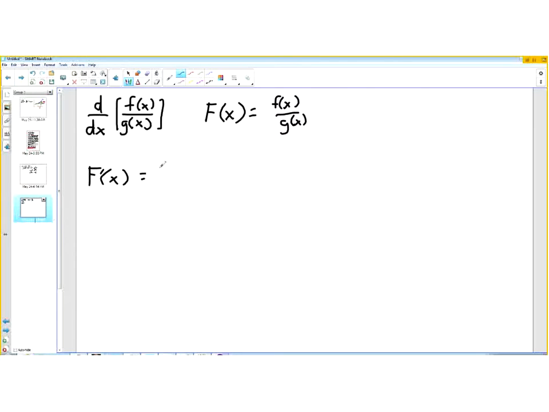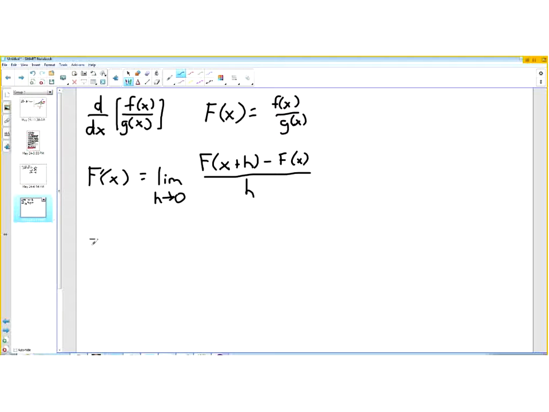So big F prime of x is equal to the limit as h approaches 0 of, oops, sorry, that should be big F, big F of x plus h minus big F of x over h, like so.